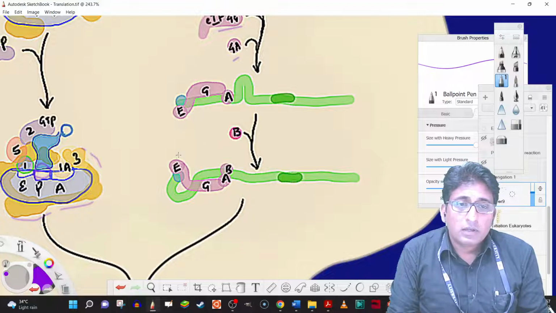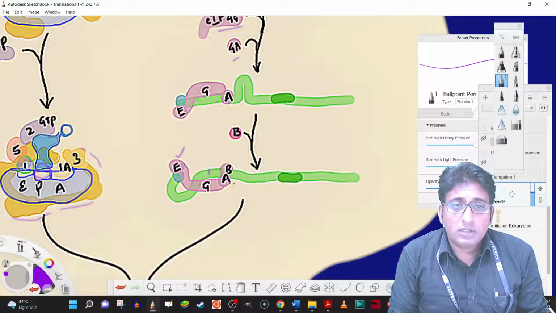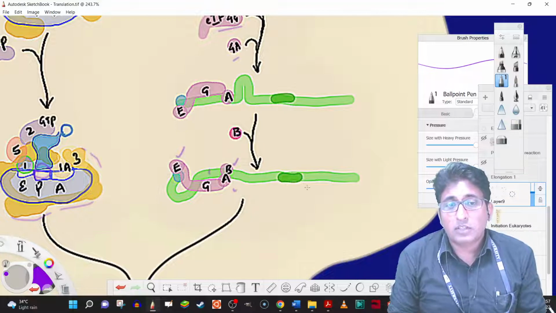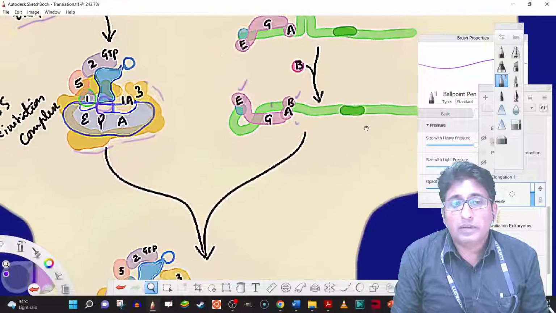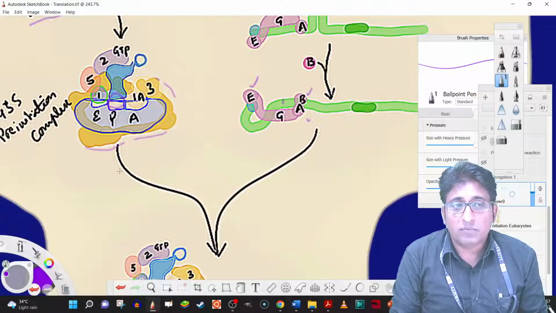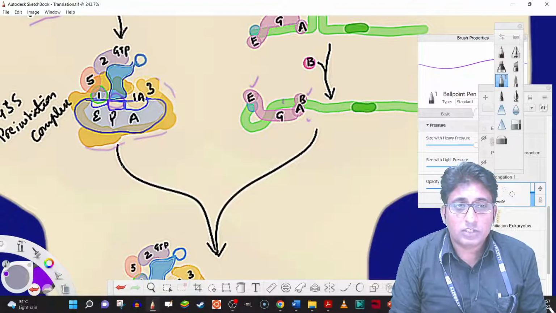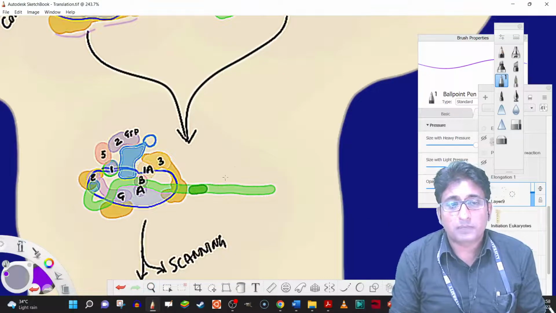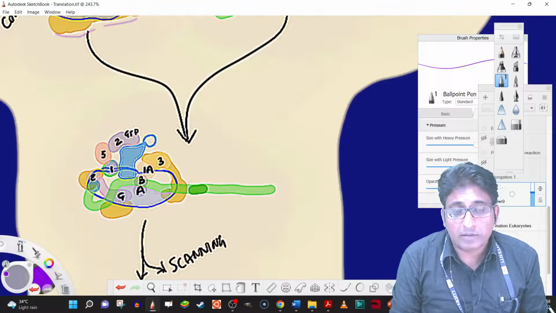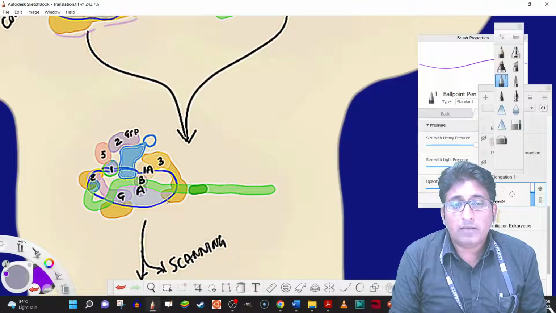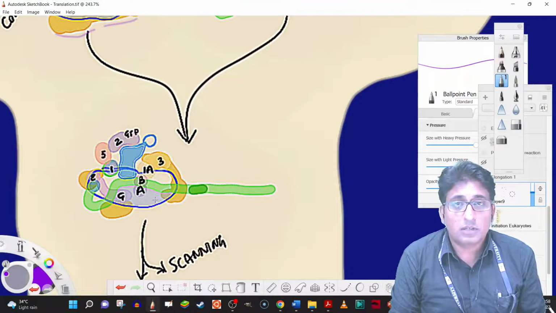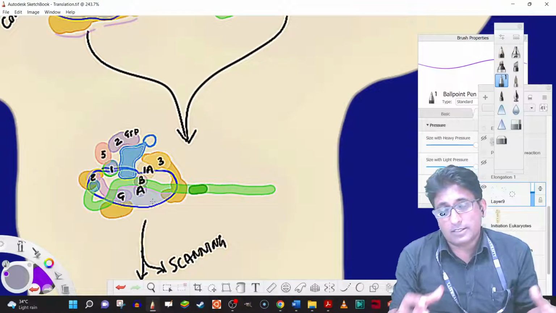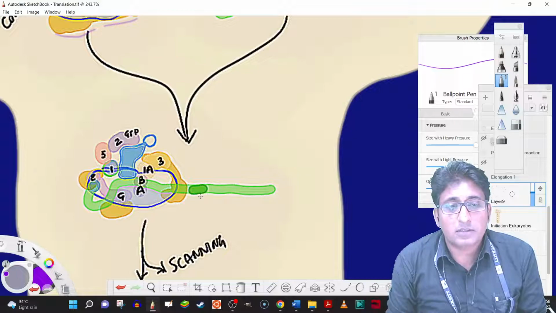When E, G, A and eIF4B are all together, that is what will be recognized by the 43S pre-initiation complex, and they bind together in something like this. So now what we have here is the pre-initiation complex loaded onto the mRNA with these other additional initiation factors.